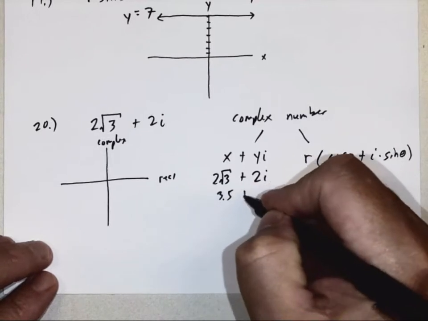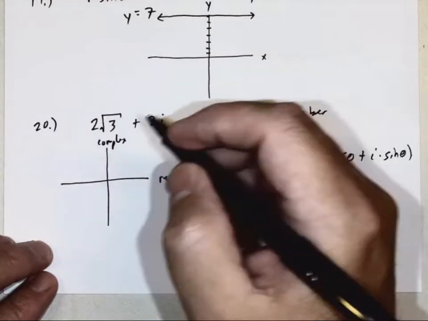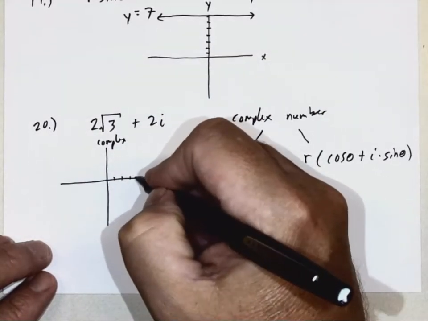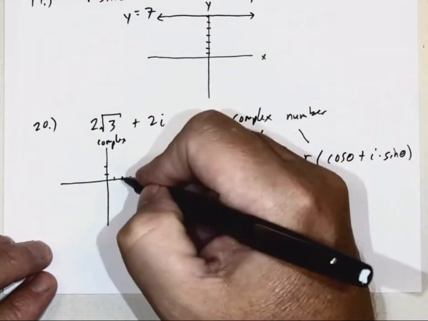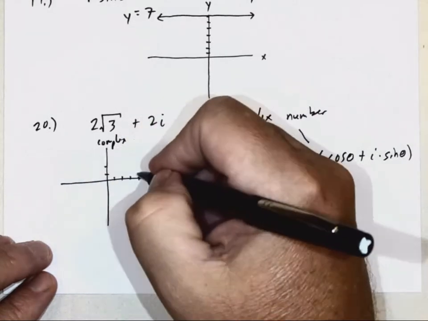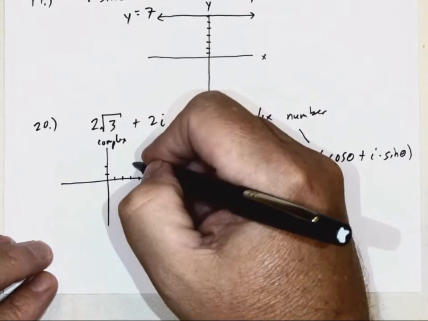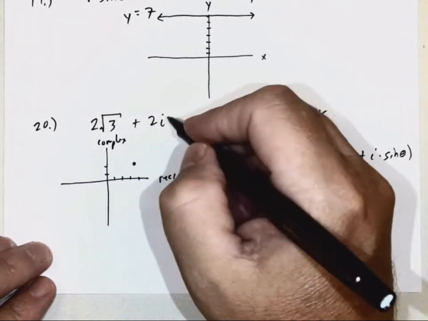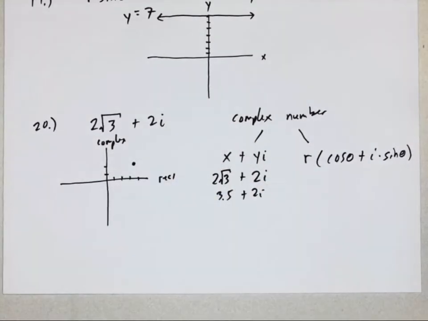So really this is 3.5 plus 2i. So 3.5 is maybe around here on the real number, and then 2i is up here. So that right there is this point, and I plotted it in rectangular coordinates.